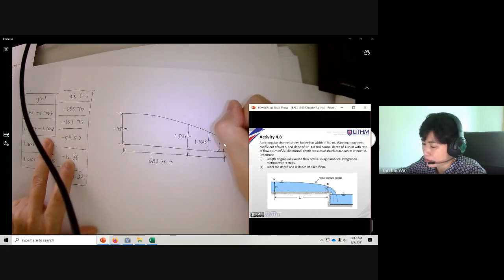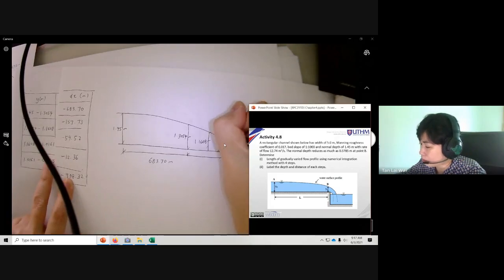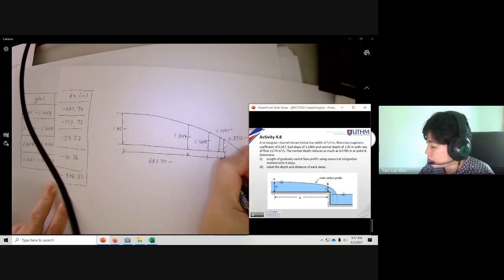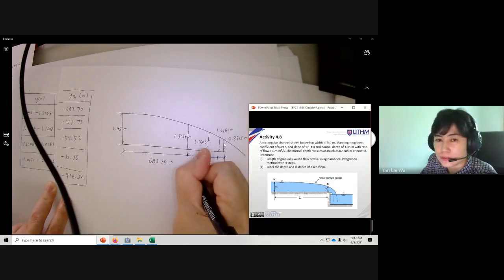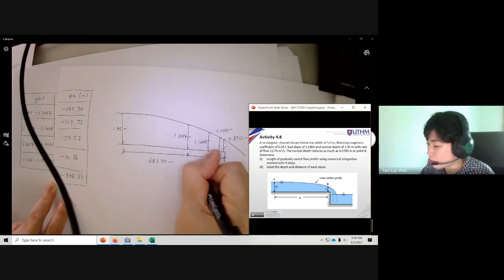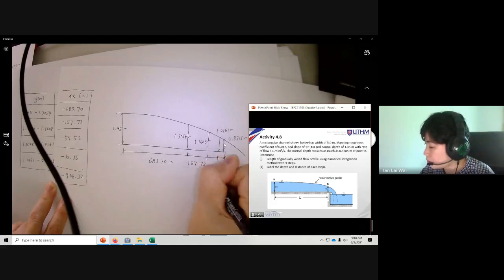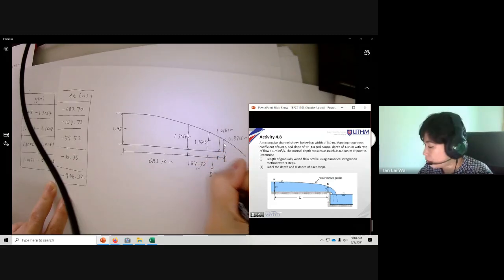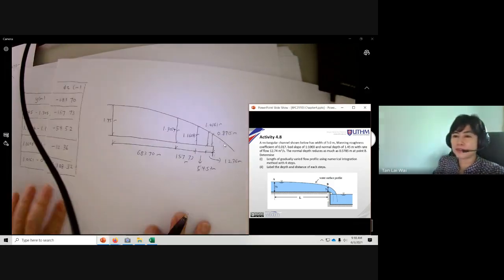So I have here 1.0161 meter and 0.8715 meter. So this difference would be 157.73 meter, and then I'm going to have 54.52 meter, and 12.36 meter. Okay, so that will be the answer.